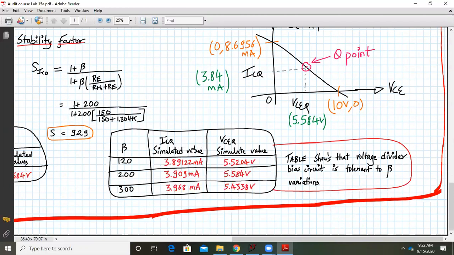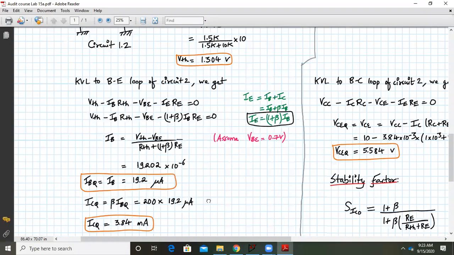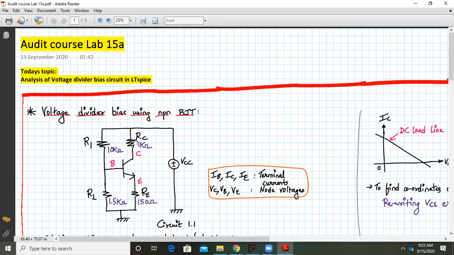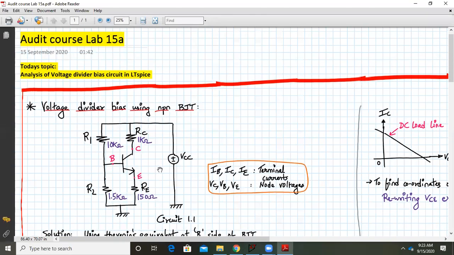That means my ICQ and VCQ values will not change much. So you got to learn a lot of things, and we have analyzed this voltage divider bias circuit in LTspice. This way your LTspice tool will help us a lot in determining a lot of things.